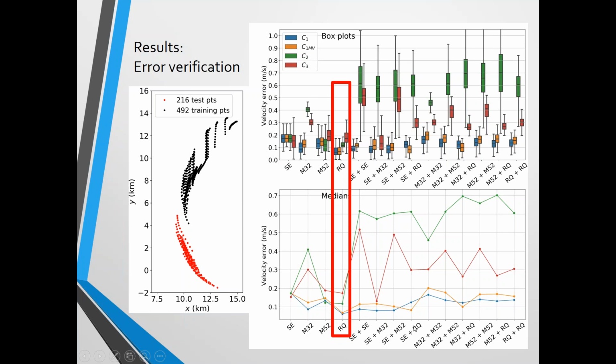But again, in all of the covariance functions, they have a better performance. And the choice of coordinate system was more important for this case than the type of covariance function that we used.